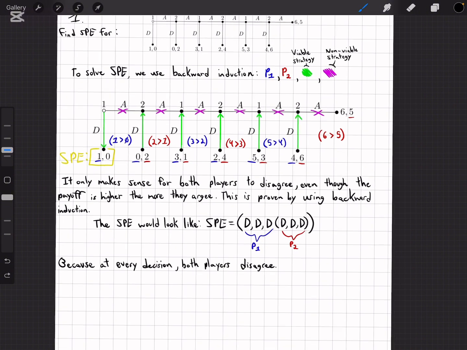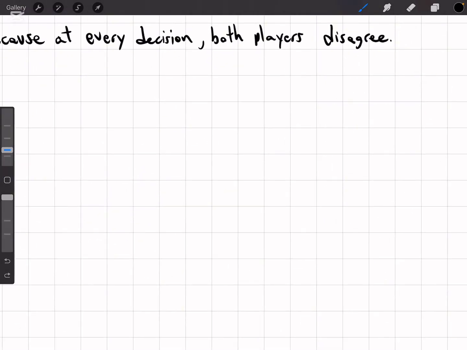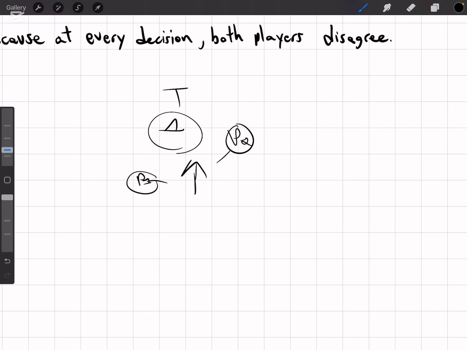Say this is time period 1, and player 1 and player 2 decide to collaborate, and they both end up with a higher payoff. And then let's say there are 10 time periods.